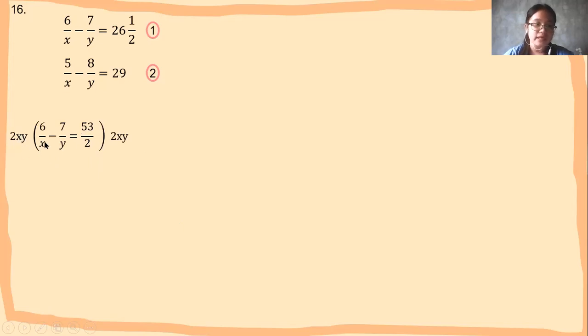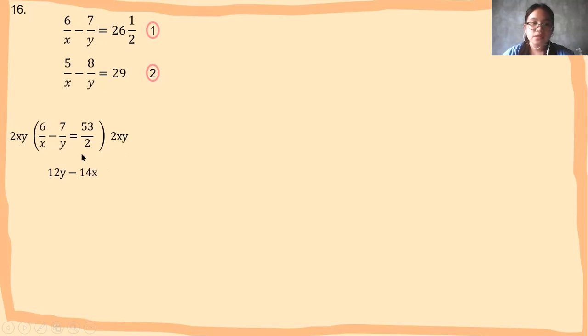Let's cancel the x and 2y will remain. Then 2y will be multiplied to the numerator, which is 6, so it's equal to 12y. Next, 2xy divided by y is equal to 2x, times negative 7 is equal to negative 14x.